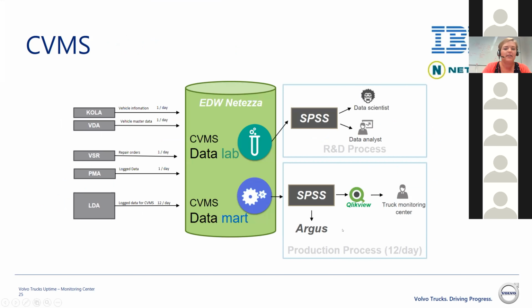You want to avoid that running a very large analysis blocks the ability to run our models in production and to actually deliver the service. That is separated. All the data that we're using are refreshed quite often, and it's a very good environment to be in at the moment.